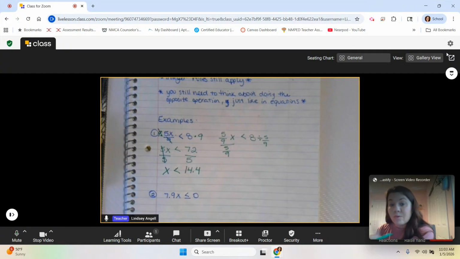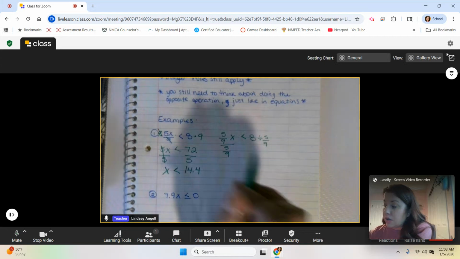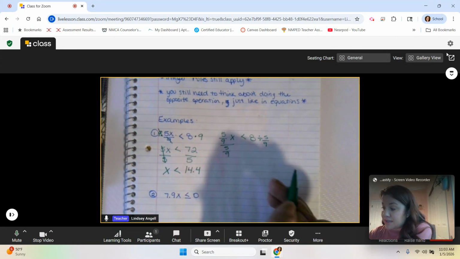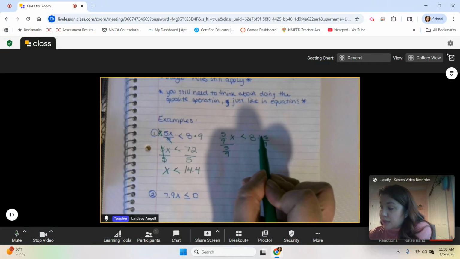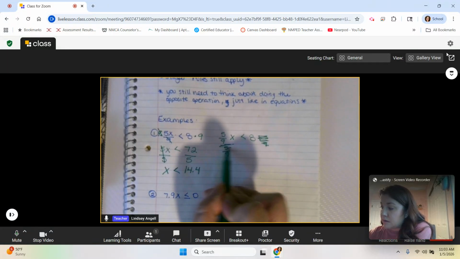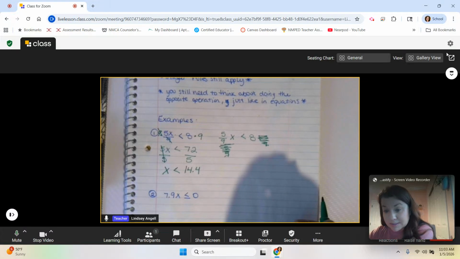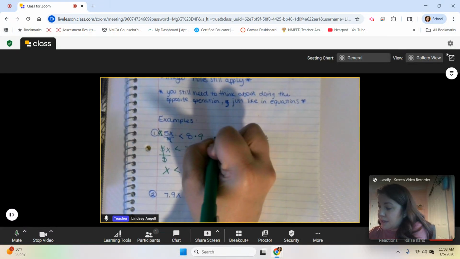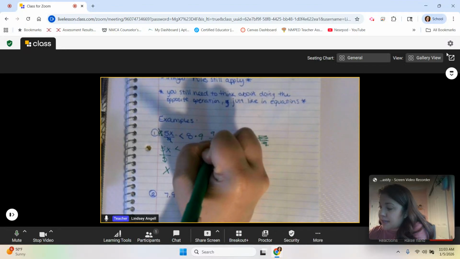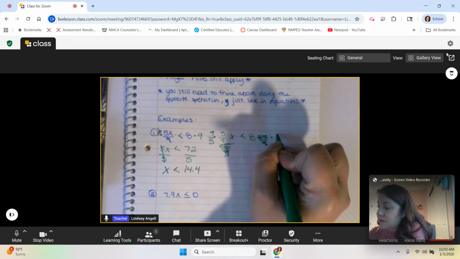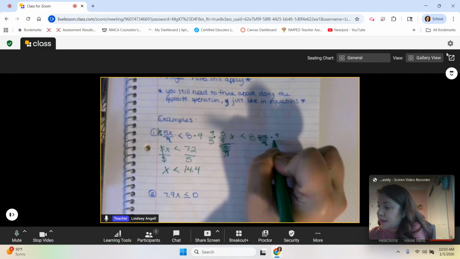But remember, when you divide by a fraction, it's the same thing as multiplying by the reciprocal. So I could do all of this, or instead, if I'm multiplying by the reciprocal, that means I'm multiplying both sides by 9 over 5. Multiply both sides by 9 over 5.